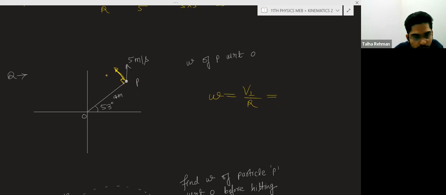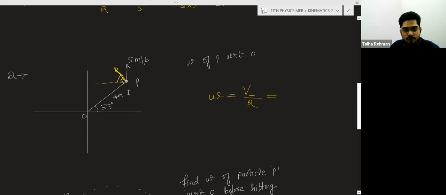You will draw like this, and this angle will be 53 degree. This line and this line are parallel, so this angle will be 53 degree. Okay, this angle will be 53 degree.